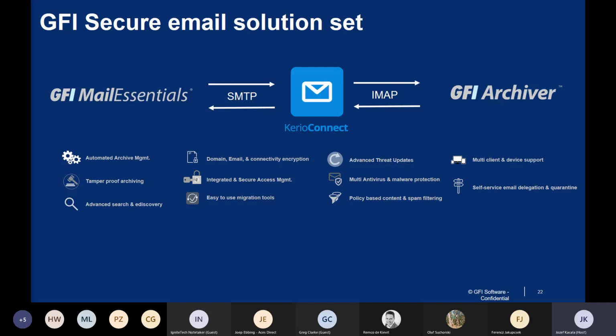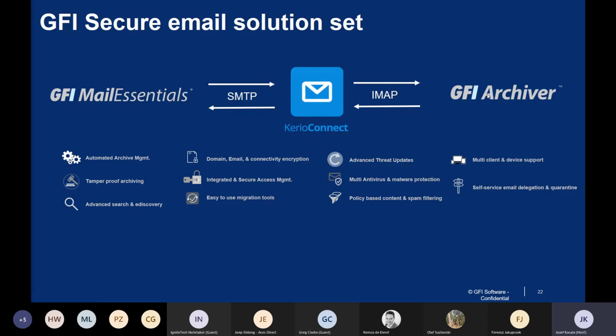So the combination of the three products which we offer in our portfolio, GFI Mail Essentials as the email gateway, Carrier Connect as the mail server, and GFI Archiver as the email archive and business intelligence tool, we are able to deliver high security to the end user.